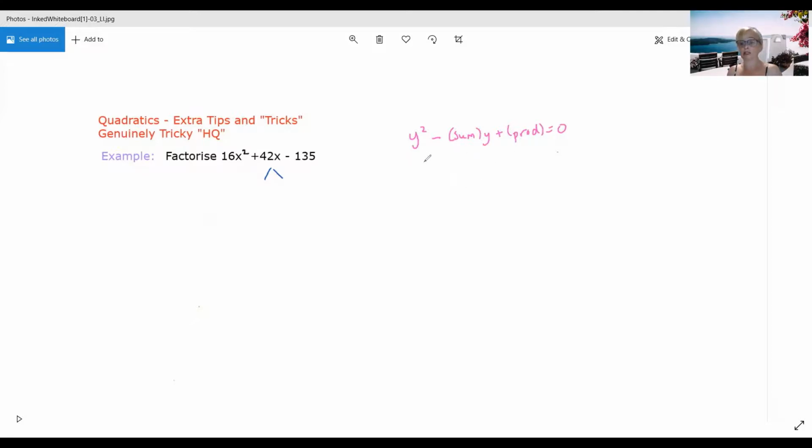If it's really tricky, we could use our quadratic formula, in which case our negative b is going to be positive, the sum that we're looking for, plus or minus the square root of b squared, well, negative sum squared is the same as sum squared, minus 4 times a, which is 1, times c, which is the product, all over 2a, which is 2. Yes, you can do that.